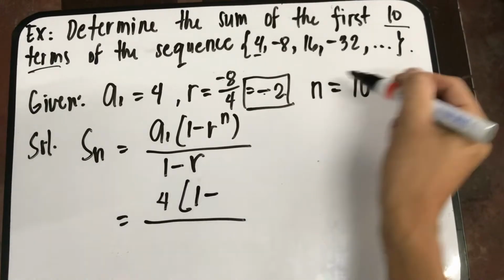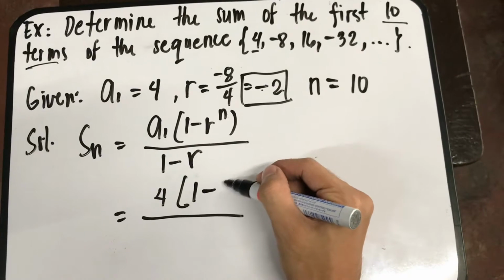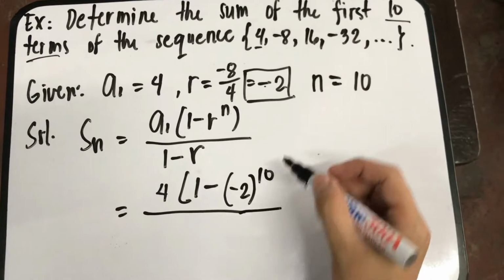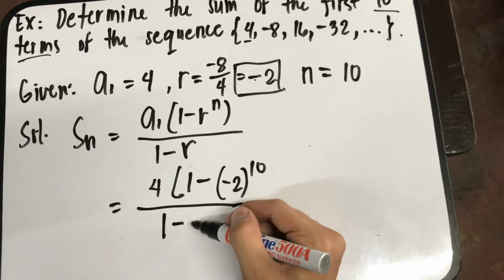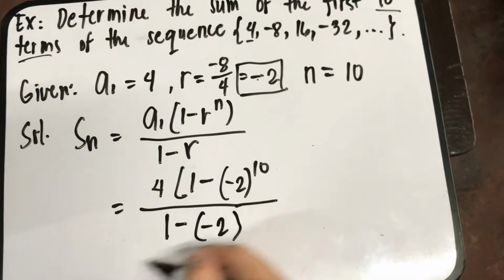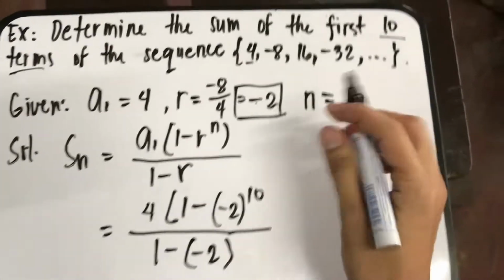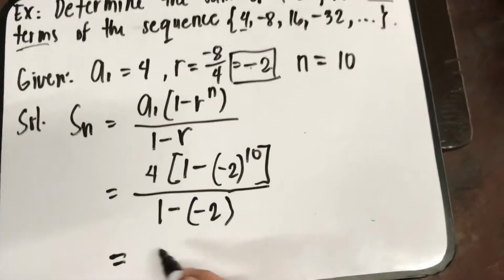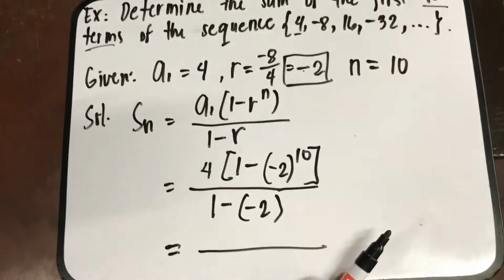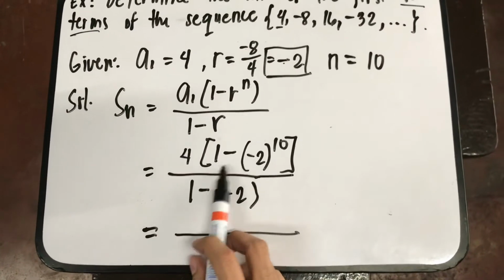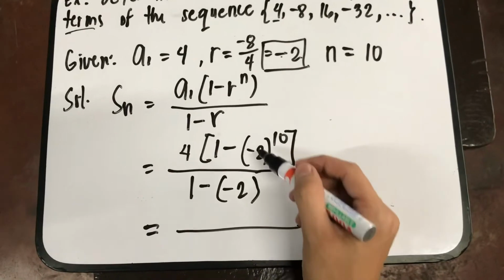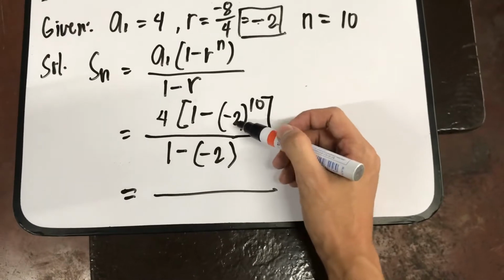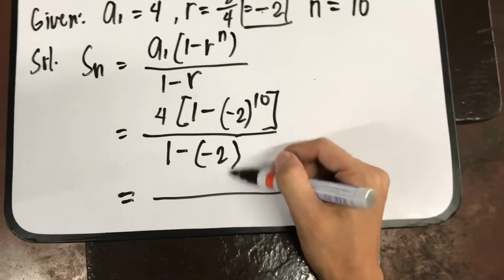Times 1 minus r raised to 10, or negative 2 raised to 10. And 1 minus negative 2. Ang una nating isa-solve is yung nasa loob ng parenthesis. So, sa loob ng parenthesis, meron tayong 1 minus negative 2 raised to 10. Negative 2 raised to 10, so even number ang exponent natin, so it means this is positive. Negative 2 raised to 10 is equal to 1024.